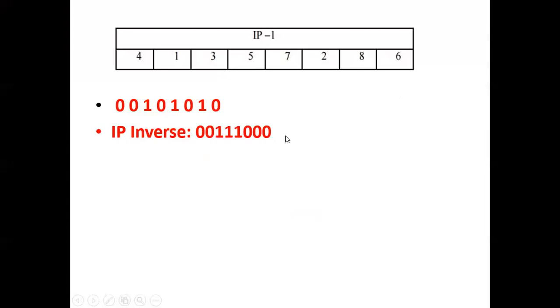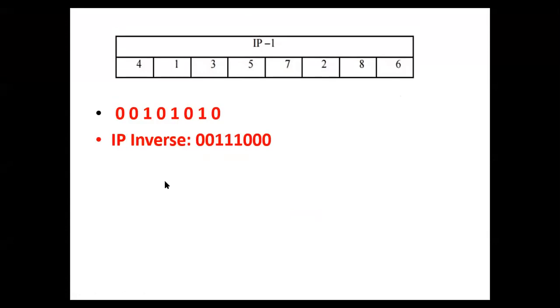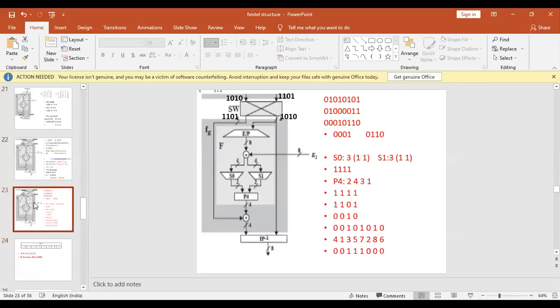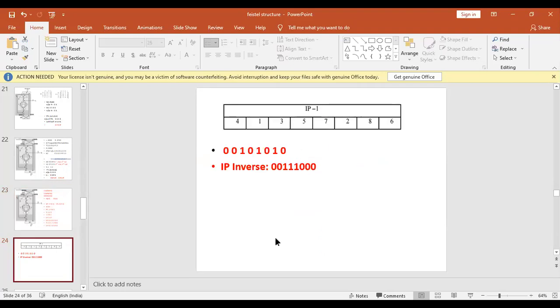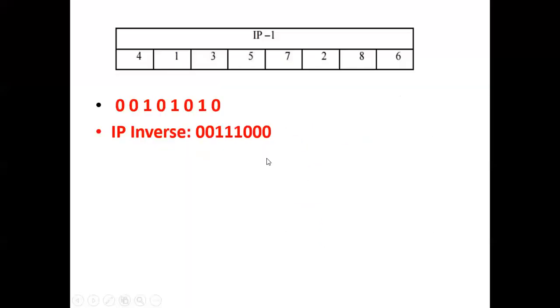Then we will get 00111000. Okay. So this is what the final ciphertext is after the encryption process. 00111000 is our output ciphertext. Okay, this is the output ciphertext.